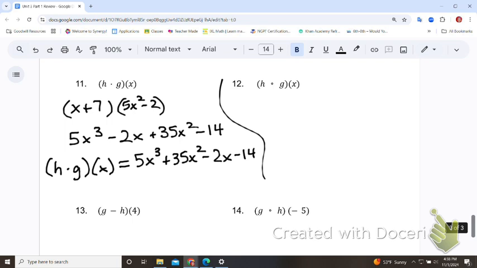On the next one, now we are doing composition. So this is where one function, the second function, goes into the first function. So in this case, the h function is x plus 7. That is our h function.